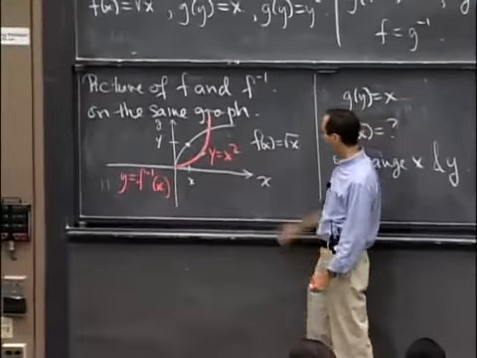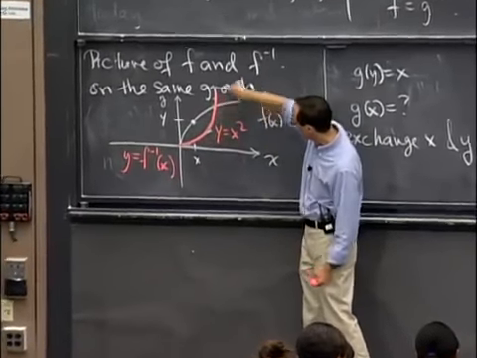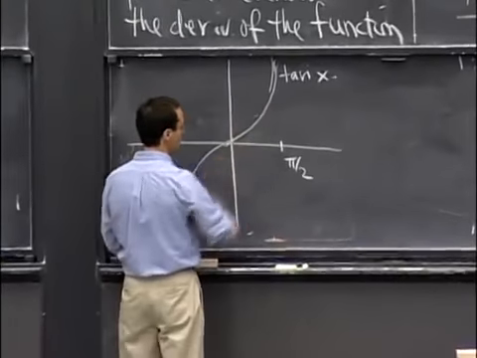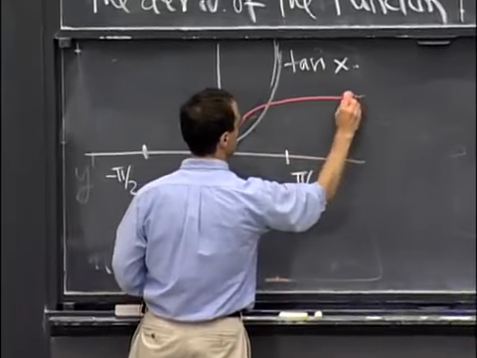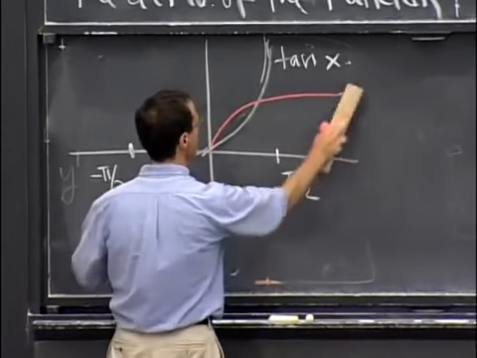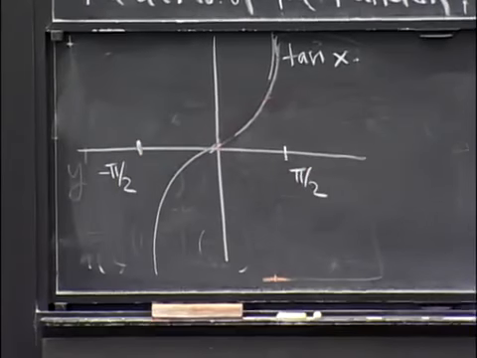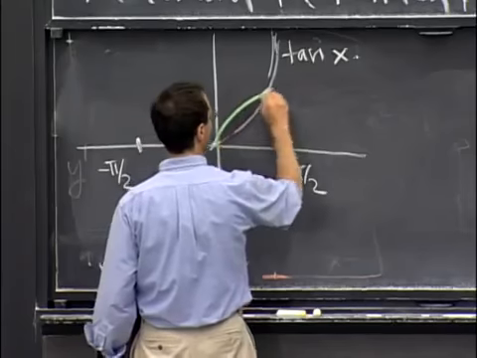So this one had curved down, and so the reflection across the diagonal curved up. Here, this is curving up, so the reflection is going to curve down. It's going to look like this. All right, maybe I should, sorry, let's use a different color because it's reversed from what we had before. So I'll just call it green. All right, we'll do this.